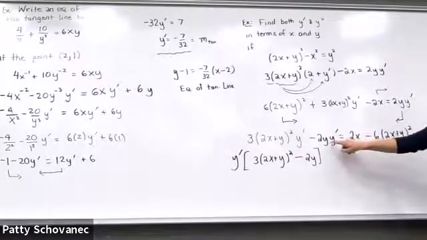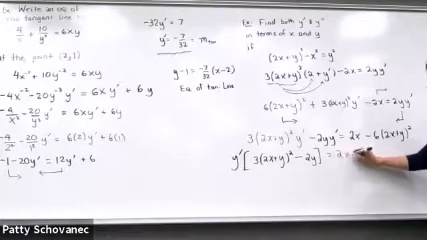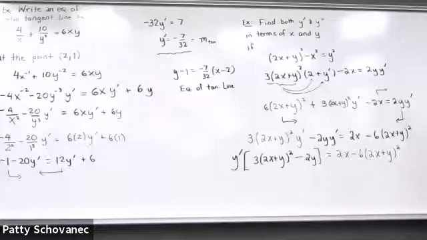When I take the y prime out of here, I just have a minus 2y. Everything is the same on the other side. And the next thing I'm going to do is divide by the stuff that's in the brackets.